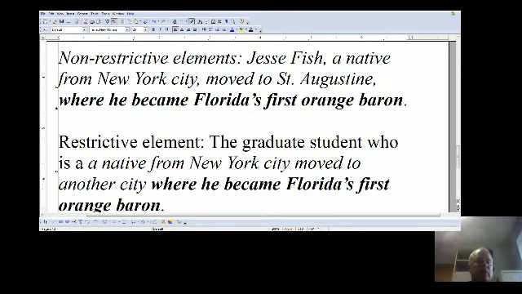So what I did in this particular part of my video here, I gave you an example of a non-restrictive element here, which is a native from New York City, is non-restrictive in meaning because it's not necessary to identify Jesse Fish. We know who Jesse Fish is without this additional information. Then once we say moved to St. Augustine, again, St. Augustine is the name of the city. So where he became Florida's first Orange Baron, again, this is additional information that's not essential to the meaning of St. Augustine.